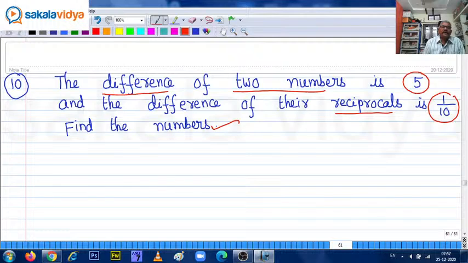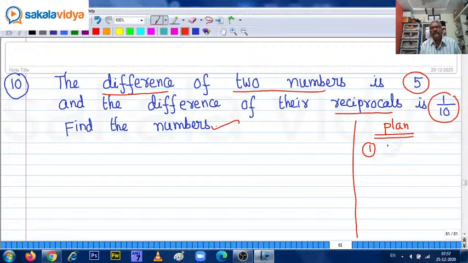So first of all, our plan of action will be like this. Let the number be x, the other number will be x plus 5. Subtract x from x plus 5, x cancels, the difference will be 5. And what is given?